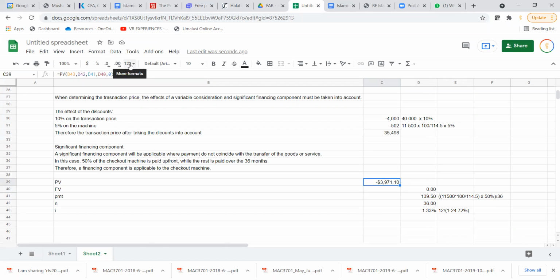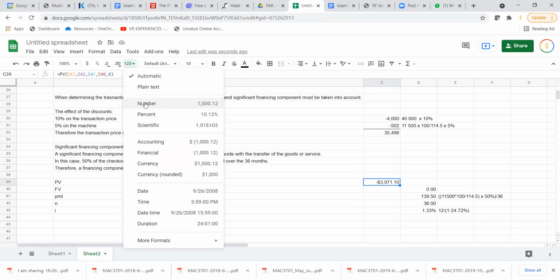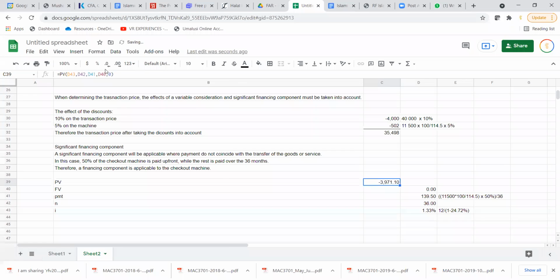So the present value is that amount over there, okay? Now, the significant financing component is not that amount. The significant financing component is the difference between the 50%, the actual amount received, and the present value, okay?